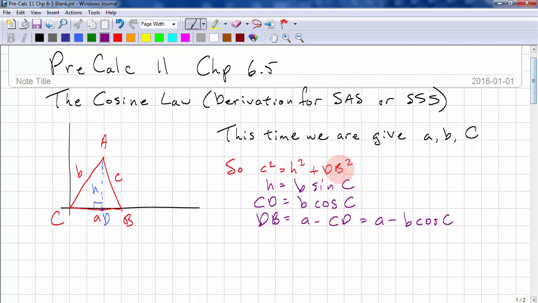Now let's substitute back into this formula. c squared equals, and we're substituting this in, (b sine C) squared plus (a minus b cos C) all squared.